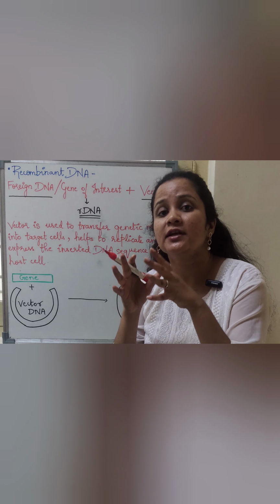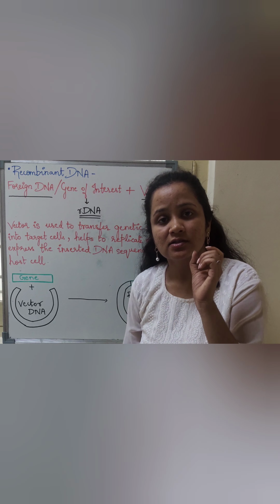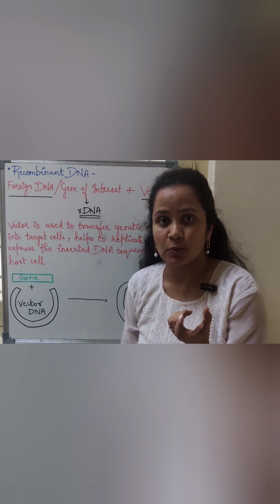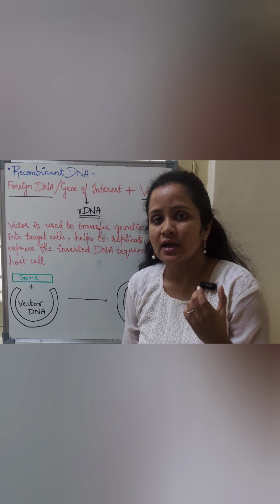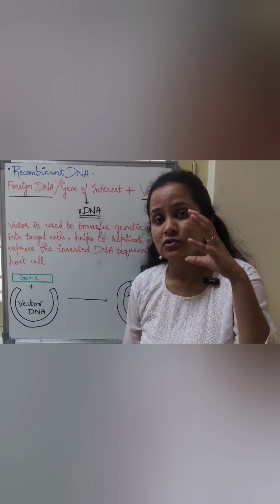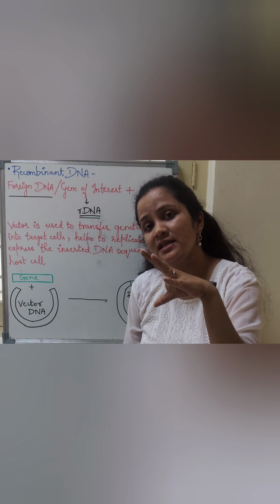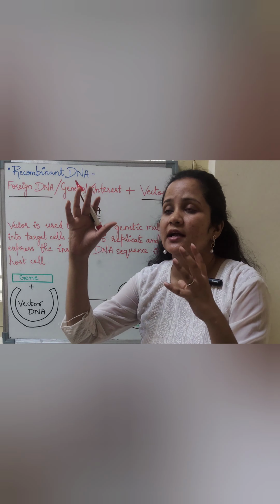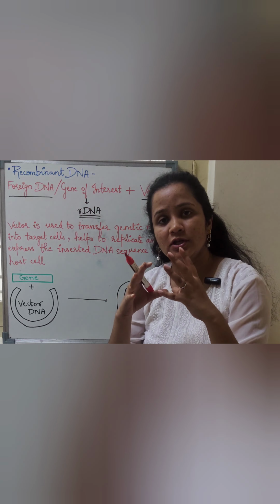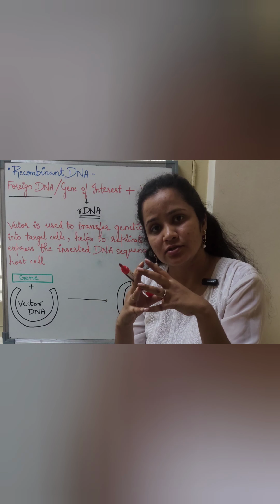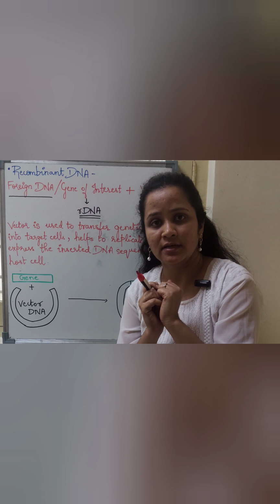For that, a vector is required. A vector is also a particular DNA sequence which will be serving as a molecular vehicle. So when you take this particular DNA sequence of a vector and the foreign DNA or gene of interest, they will combine together giving us the recombinant DNA.